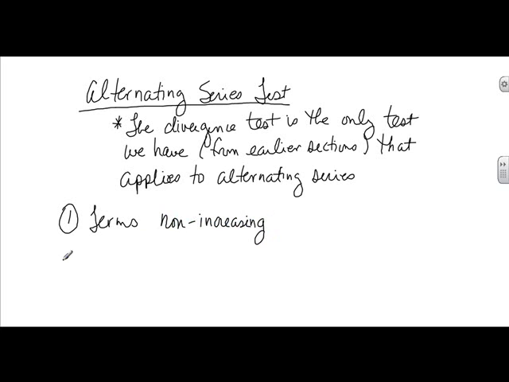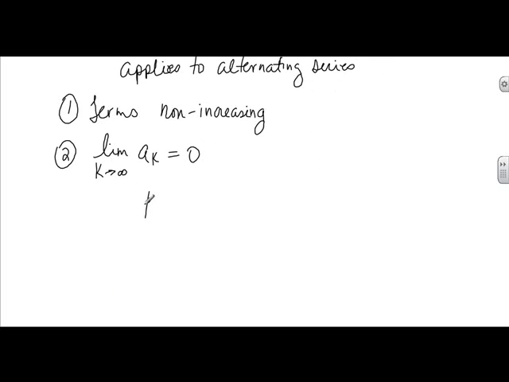And the second part says that if the limit as k approaches infinity of the magnitude of the kth term is equal to 0, then we can say that the series, if k starts at 1 and goes to infinity, of a sub k converges.